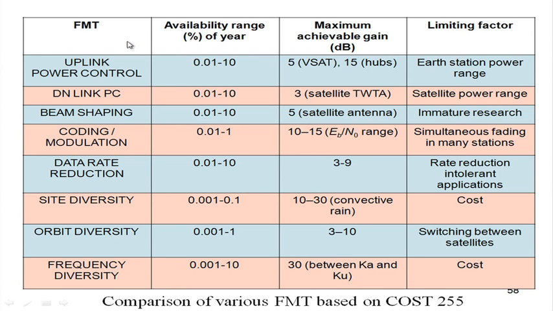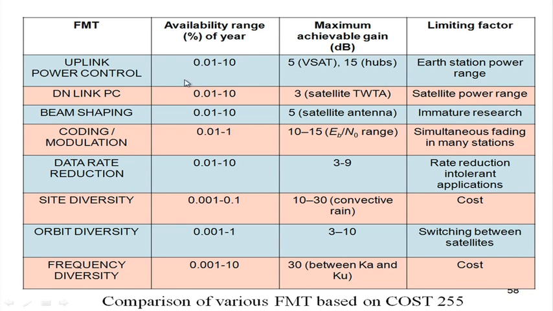What is shown here is the fade mitigation technique list, the average range of the year when the impairment takes place, or I should say the availability of this FMT, and using that, what should be the achievable gain they have estimated in dB, and what could be the limiting factor for each of them.